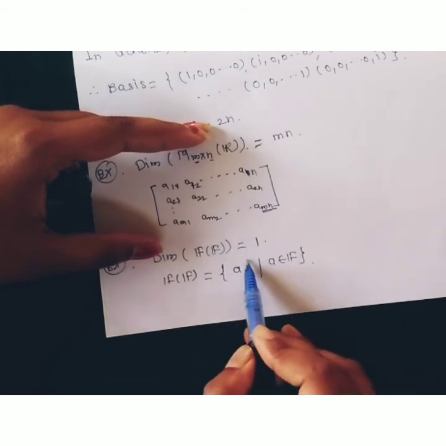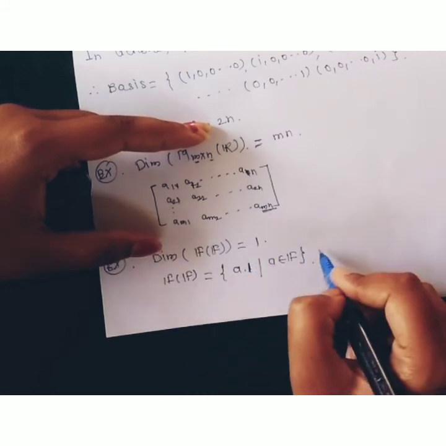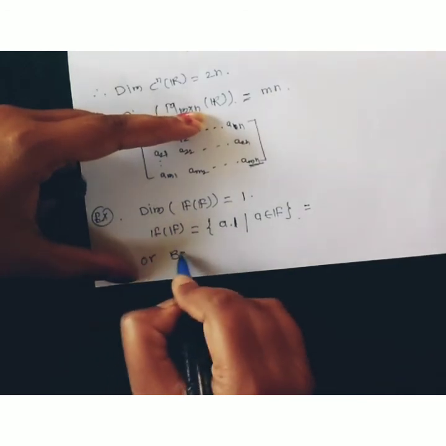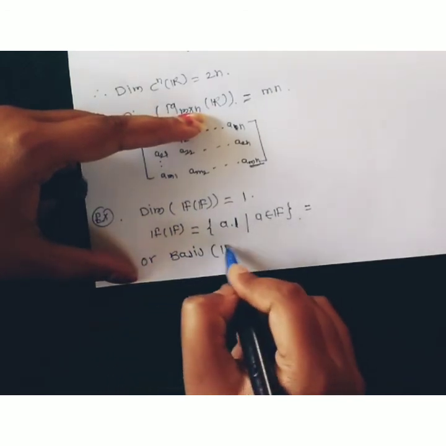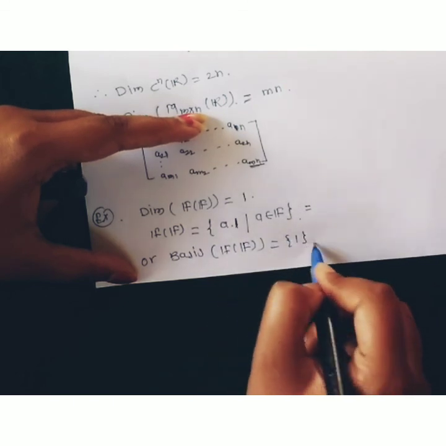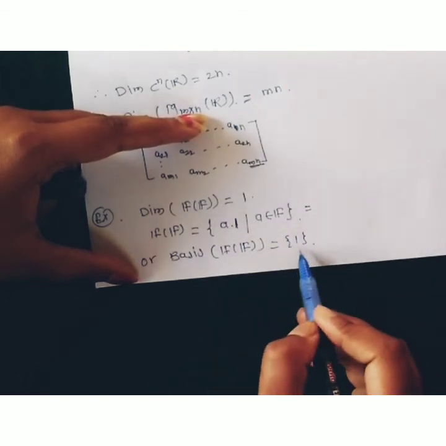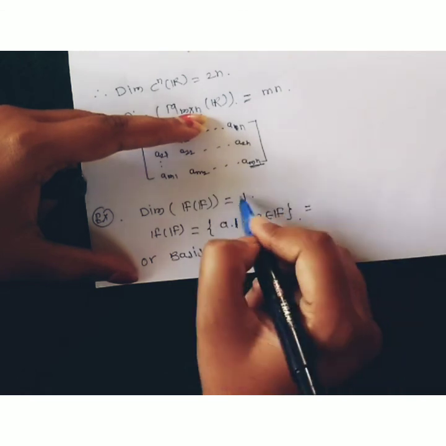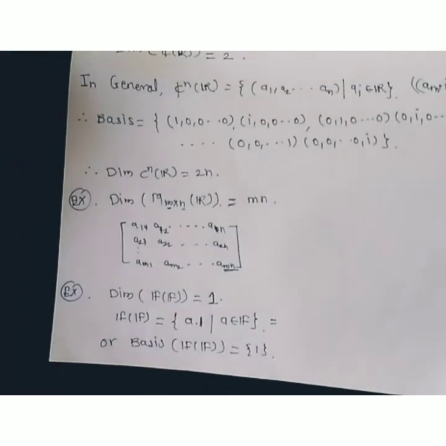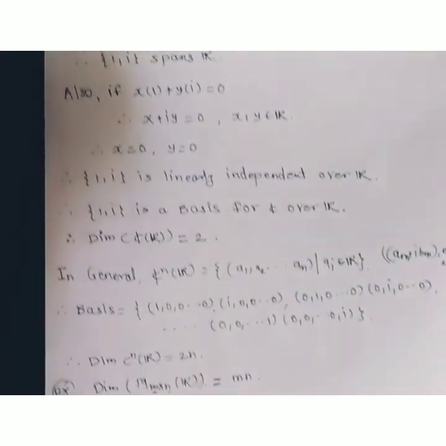Therefore the generating set consists of only the singleton 1, or the basis of F over F is only the singleton 1. Therefore it consists of only a single element, so the dimension of F over F is equal to 1. These are some examples based on the basis of a vector space.